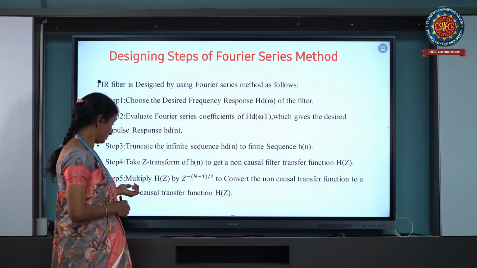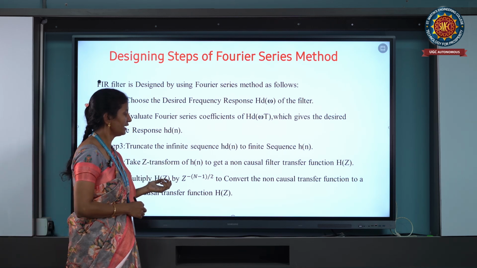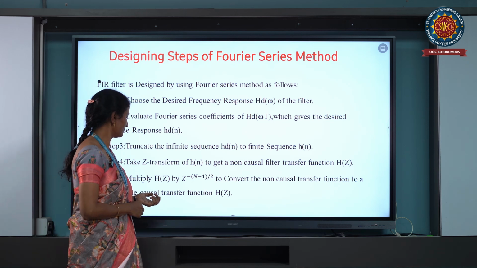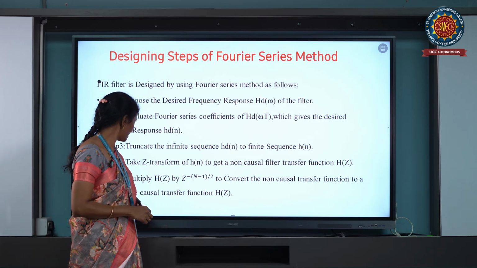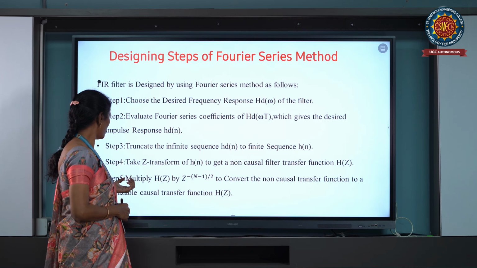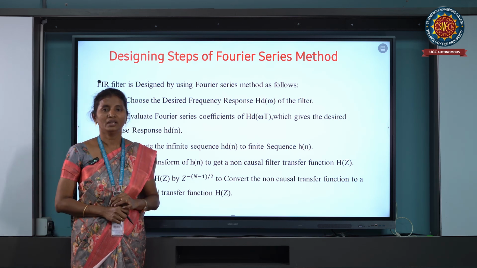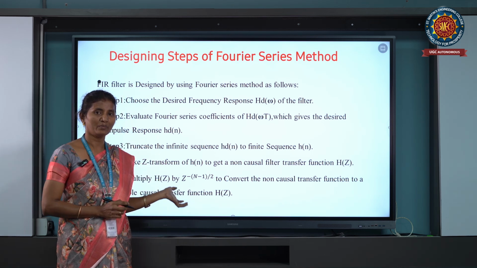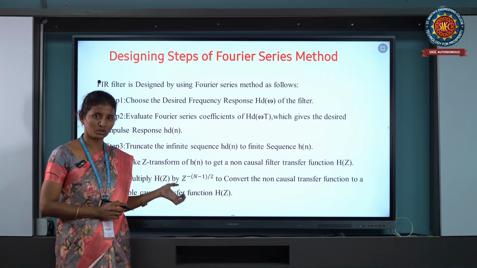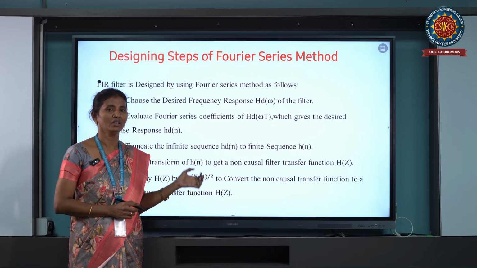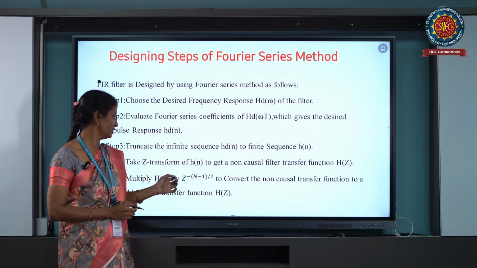Then, to find the causal filter transfer function, we have to multiply the non-causal transfer function h of z by z power minus (N minus 1) by 2.